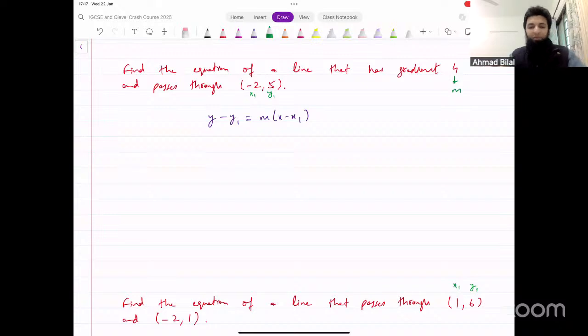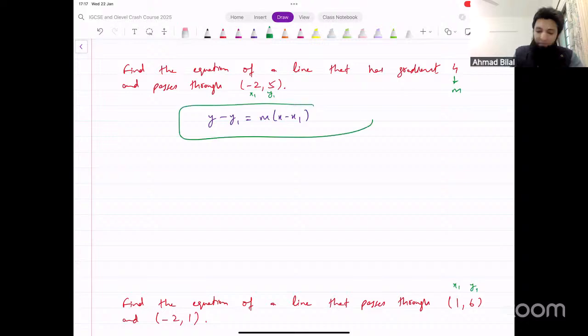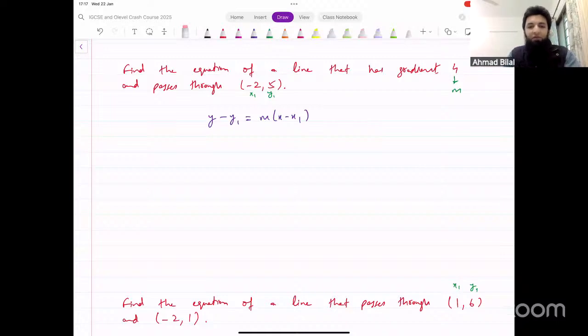Now, in the previous case, using y equals mx plus c, we had to find the value of c in this case. If we use this form, y minus y1 equals m into x minus x1, we don't have to do that anymore. We can directly input values in this.